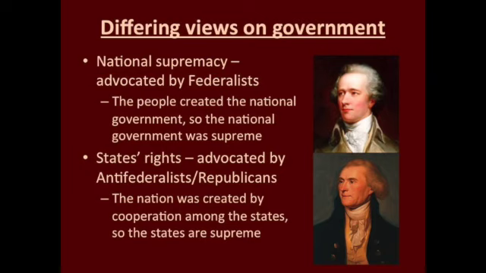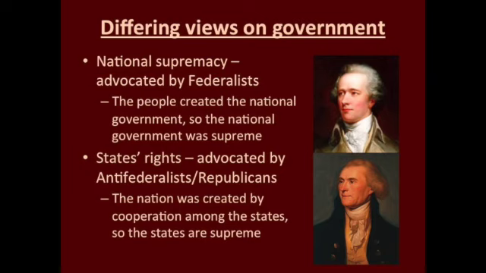So as a result, the federal government, or the national government, should be supreme over the states. The opposite viewpoint was taken by what were once known as the Anti-Federalists, which sort of morphed into the Democratic Republicans, the opposing political party to the Federalists in the 1790s. That was the states' rights viewpoint.